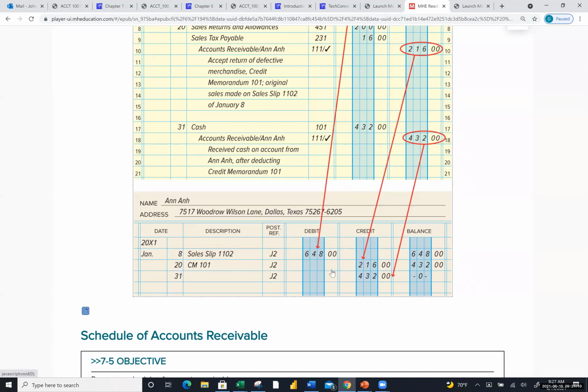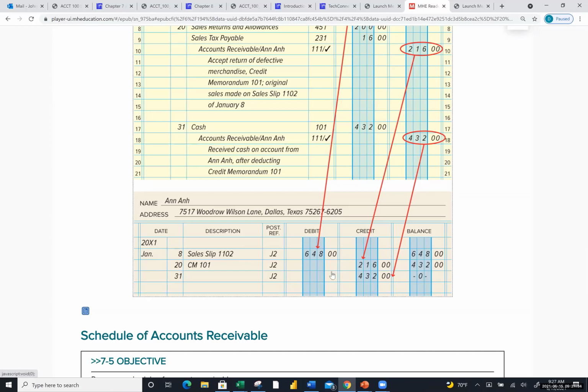You could look at the activity that happened. Here's the sale that we made to her on account. Here's the return. You can see that 216 reducing her balance. And this balance is keeping a running track of what she owes each and every time. And then you can see that she made a payment against that. Now her balance is zero.